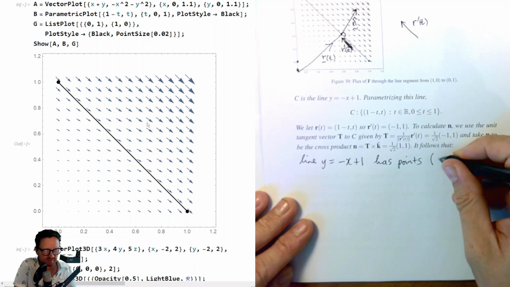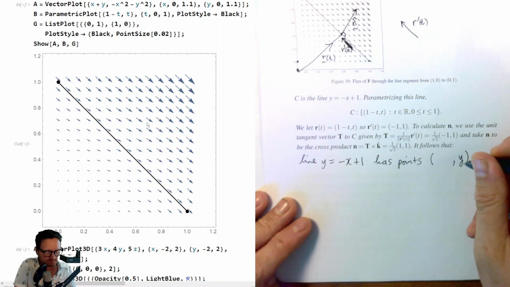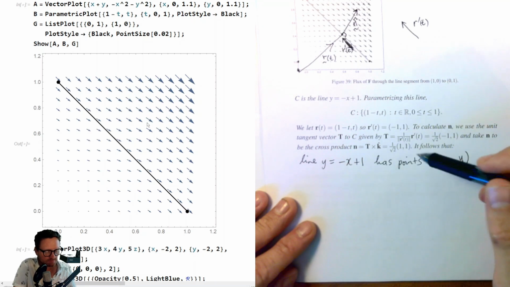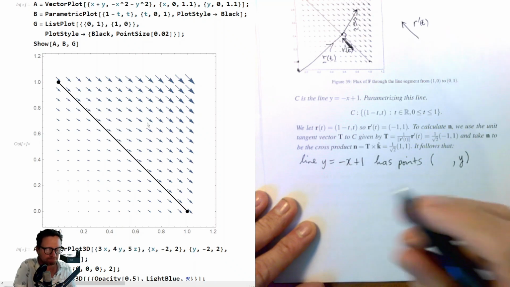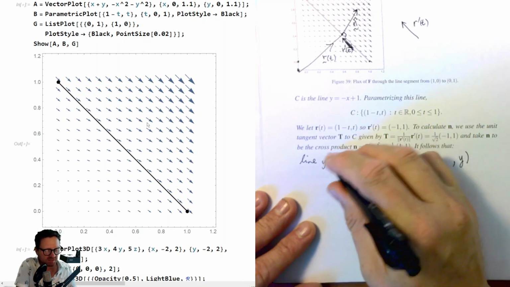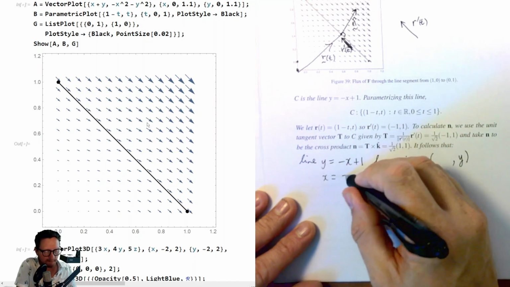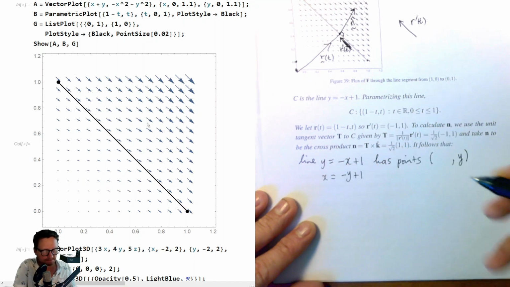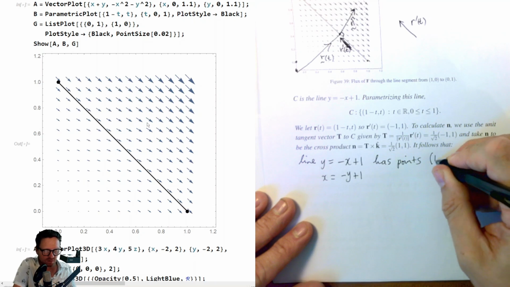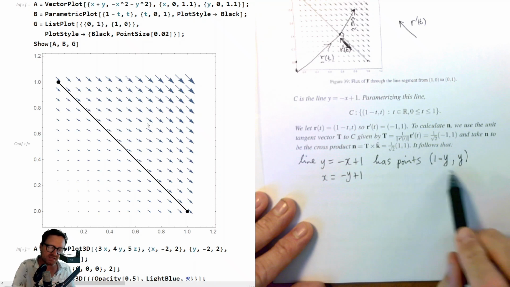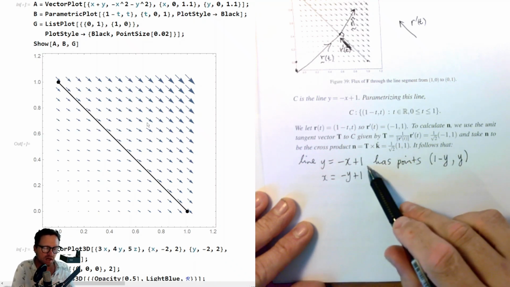It's minus x plus 1. Right, but if I write x in terms of y, and we can do that just by taking this over and this over, so x is equal to minus y plus 1. So I can write here 1 minus y being the same thing. All right, so this describes a collection of points on this line.